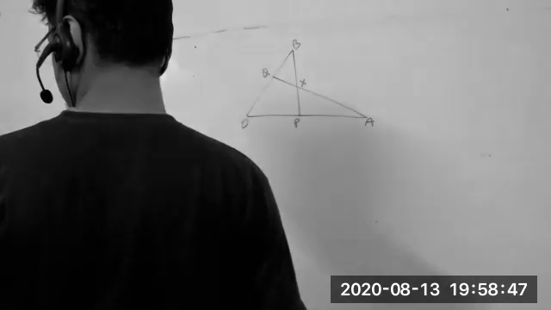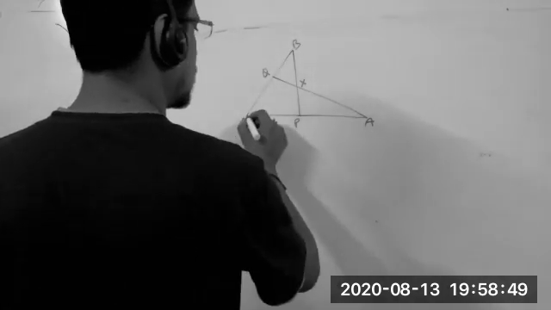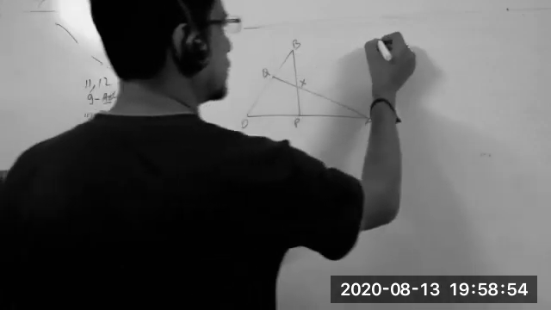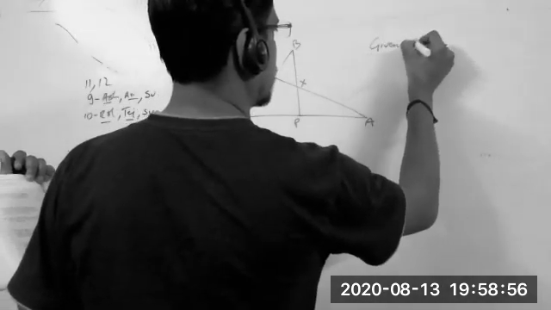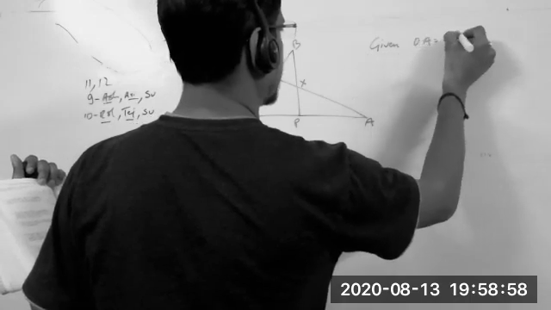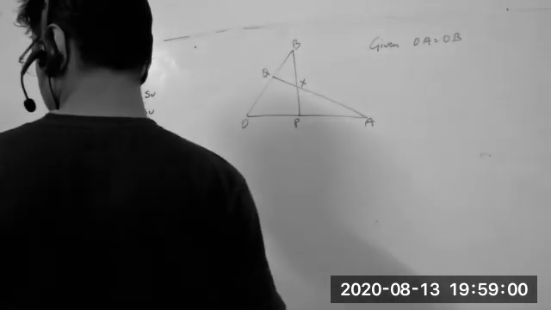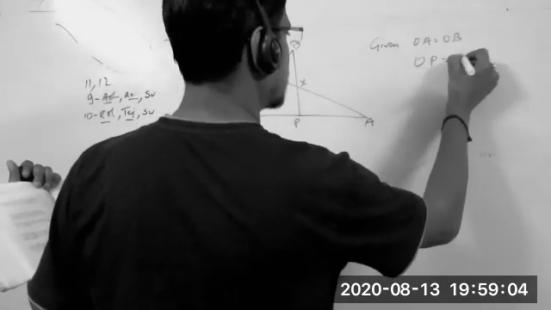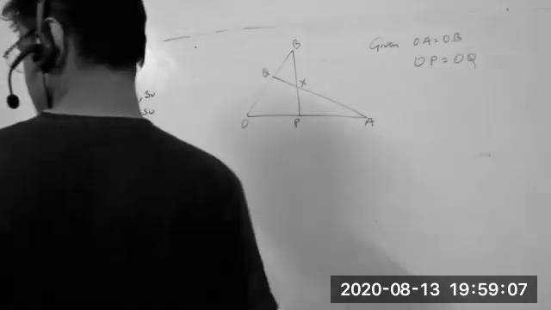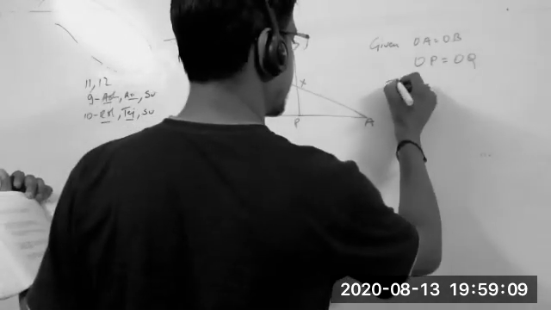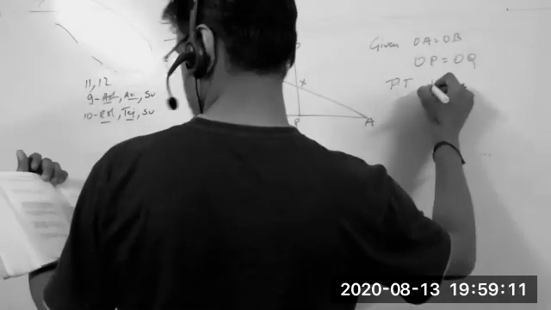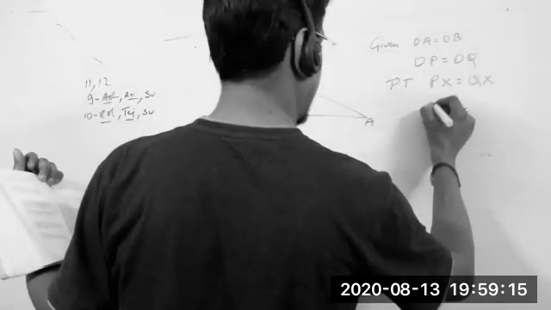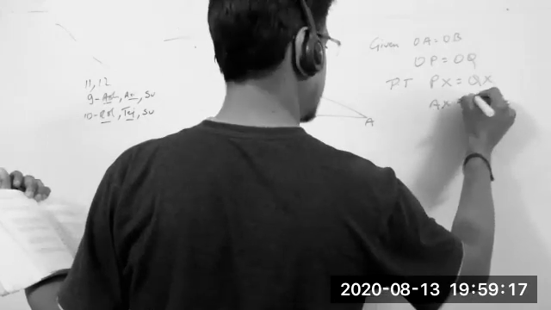In the given figure, OA equals OB, OP equals OQ. Prove that PX equals QX and AX equals BX.